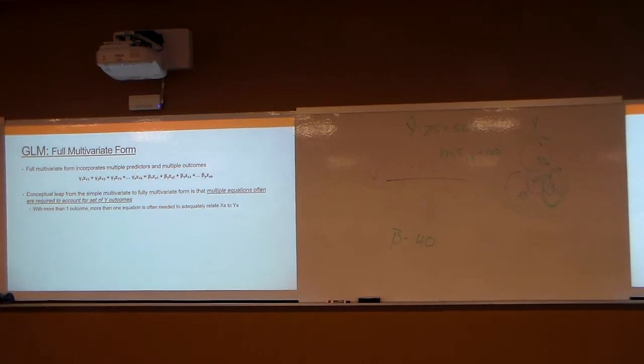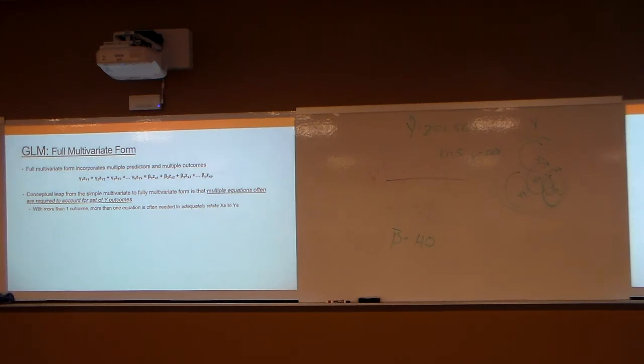Now, from a mathematical standpoint, thinking about interpretations, we need to recognize that with our simple multivariate model, we just had one regression equation. One regression equation did a fine job of capturing the unique associations between our predictors and our outcome.